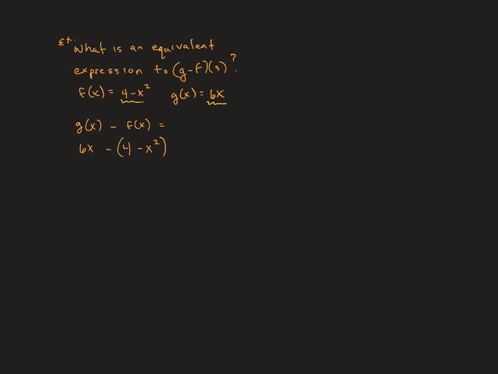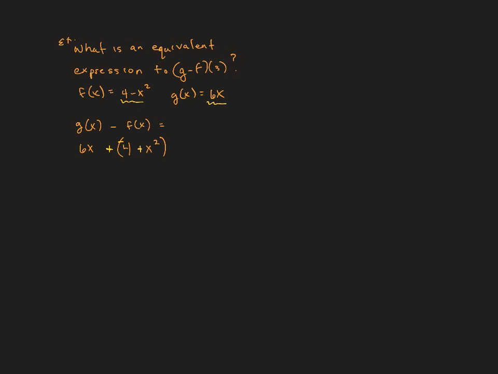So however you choose to do it, I'm going to multiply everything by a negative 1, and that becomes from subtraction to addition, from a positive 4 to a negative 4, and then from a negative x squared to a positive x squared. Okay, so now we have an expression where we can combine some stuff.